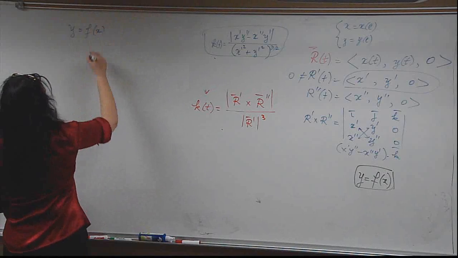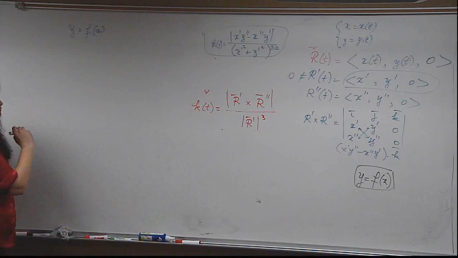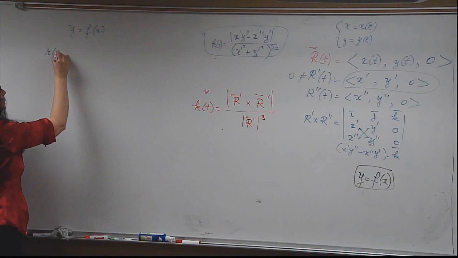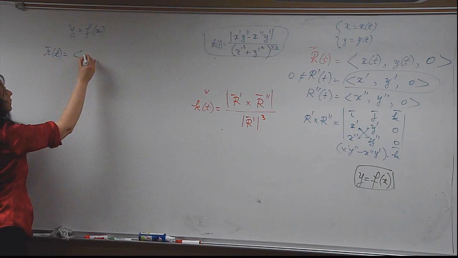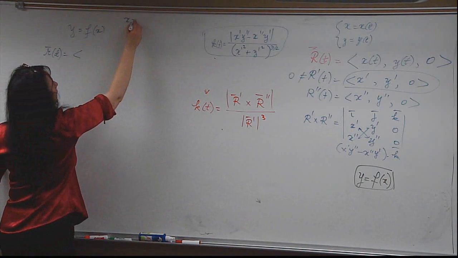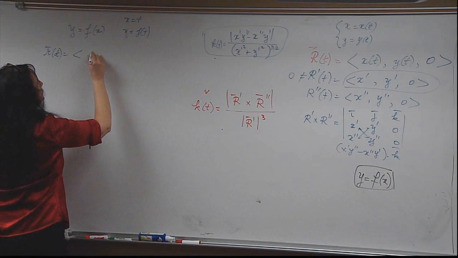What's the simplest parametrization? That's why we needed to look over parametrizations again and again. R of t for this plane curve will be, what is t? X is t, y is f of t, piece of cake, so you have t and f of t.